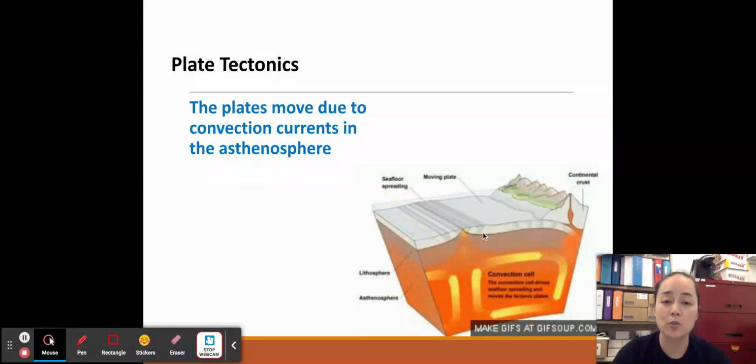When the plates are moving apart, we have what's called seafloor spreading. When you have a plate moving underneath another plate, which is called a converging boundary, you'll have the formation of volcanoes and mountain ranges because they're being pushed together. And when they are moving past each other, you'll see a different type of activity.